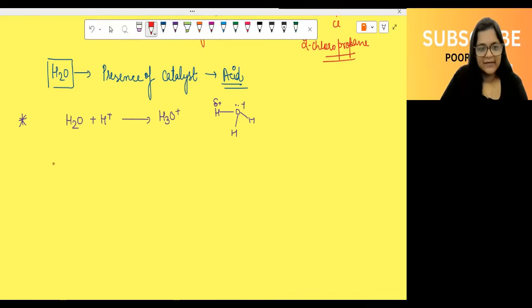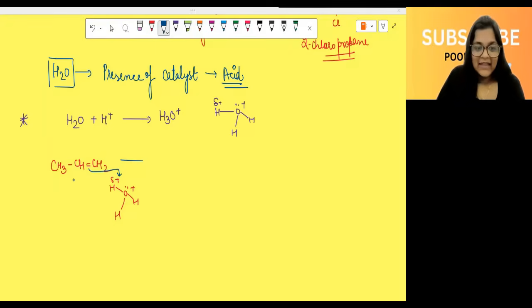So let's take an example. Now to this, you have this particular ion attached, which is positive. This is partially positive. Now the same thing, this negative charge will quickly go and attack this positive.